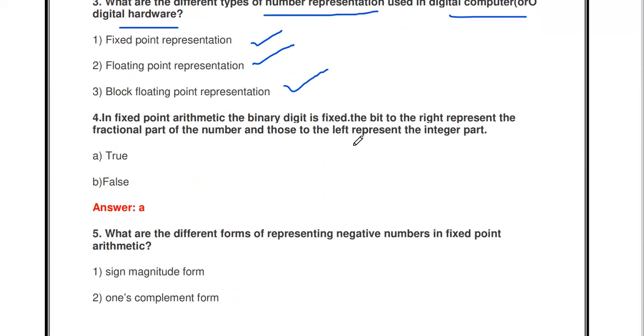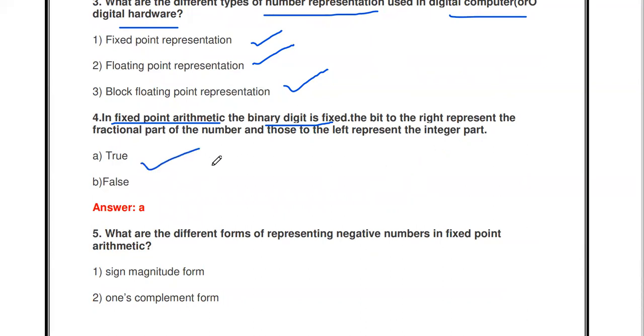Then the next question: in fixed point arithmetic, the binary point is fixed; the bits to the right represent the fractional part and those to the left represent the integer part. True or false? It's true. You see the example 6.25. How do we represent 6.25 in binary? In fixed point representation, the binary point is fixed. The left part is used to represent the whole part, and the right part of the binary digits is used to represent the fractional part. So in fixed point arithmetic, the binary point is fixed, the bits to the right represent the fractional part, and those to the left represent the integer part.